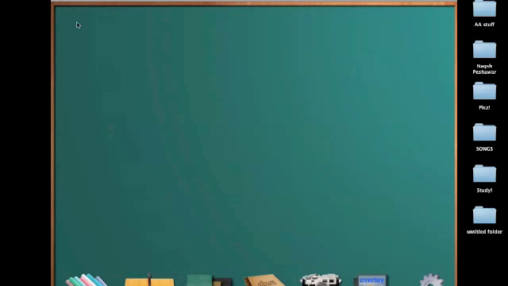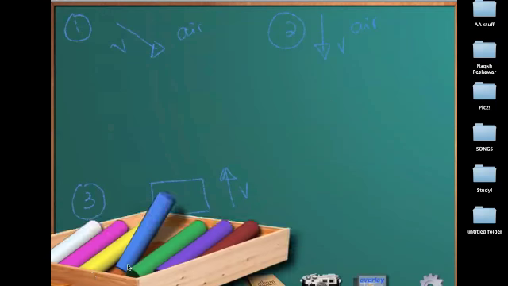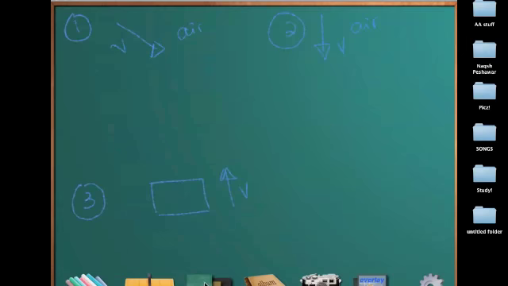Now let's see some cases here. For example, the object is moving in this direction, or let's say case number 2 in this direction, or case number 3, this is all in air, everything is in air. The object is moving in this direction, this is the velocity, or the object is moving in this direction. Someone threw a box upwards, so it's moving in that direction. Let's see the 3 cases that we will come across when we are doing them.